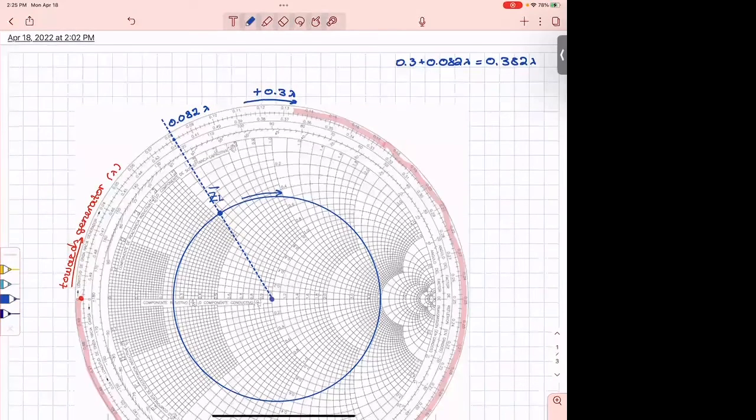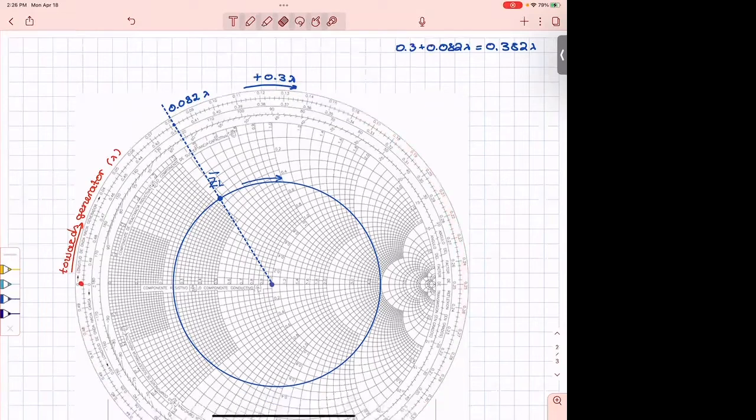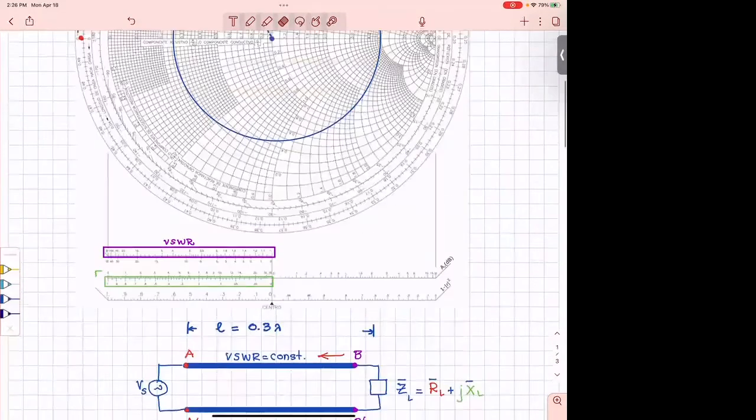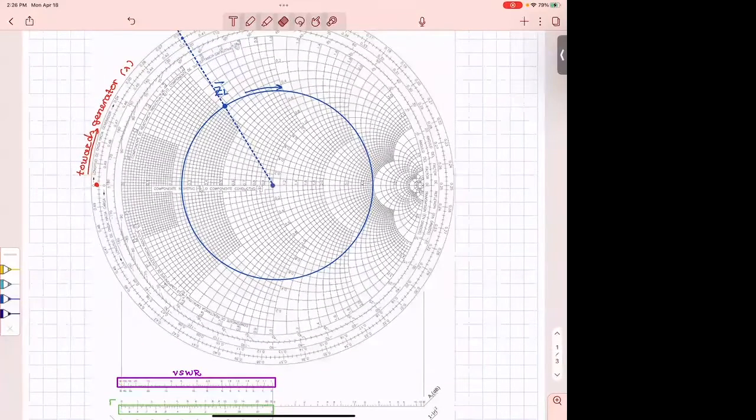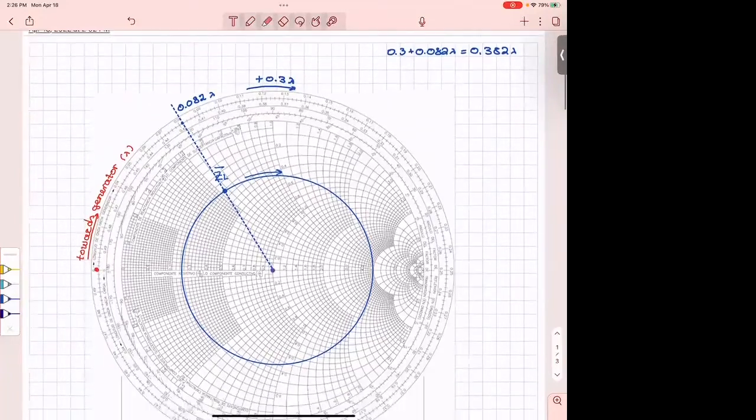So I go around the outer circle until, see, all of these numbers increase. I pass the 0.25 point, and then I keep going. 0.3 is down here, and then I have to go to 0.382.